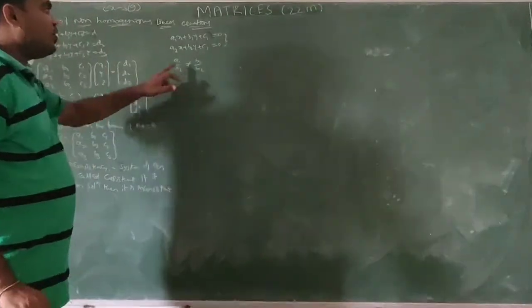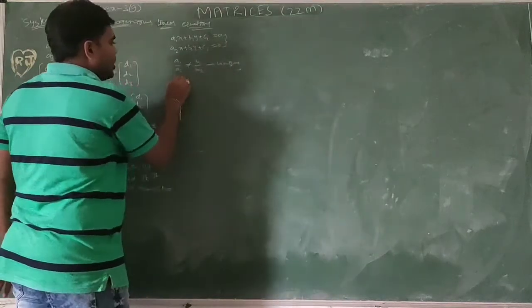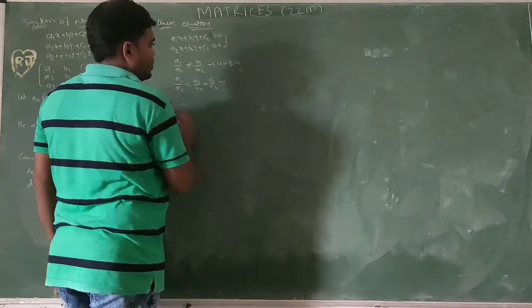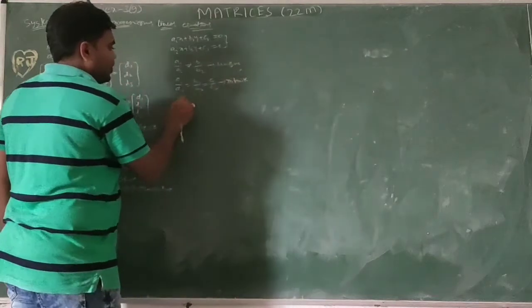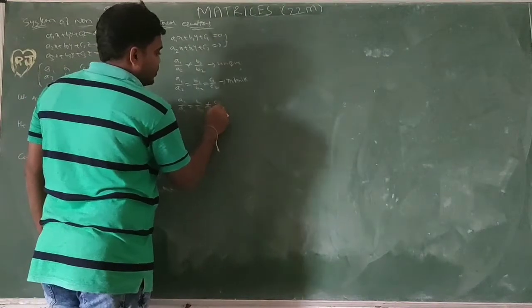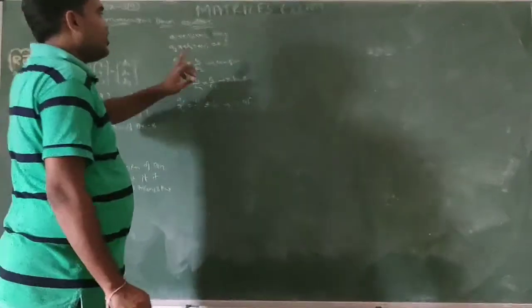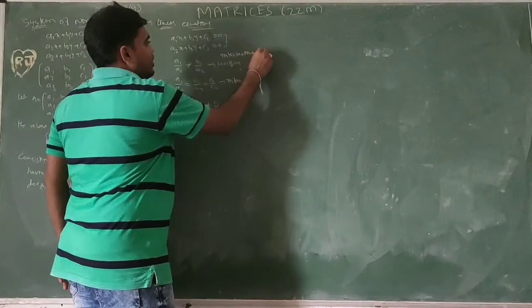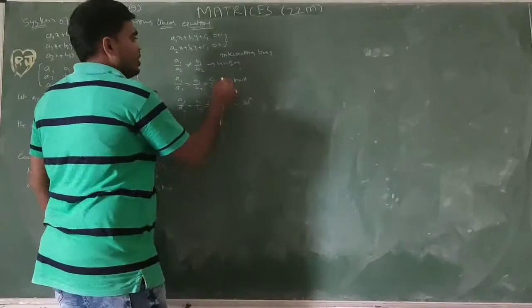If a1 by a2 equal to b1 by b2 equal to c1 by c2, it is infinite solutions. a1 by a2 equal to b1 by b2 not equal to c1 by c2, no solution. It is nothing but: if a1 by a2 not equal to b1 by b2, intersecting lines. If a1 by a2 equal to b1 by b2 equal to c1 by c2, coincident lines.